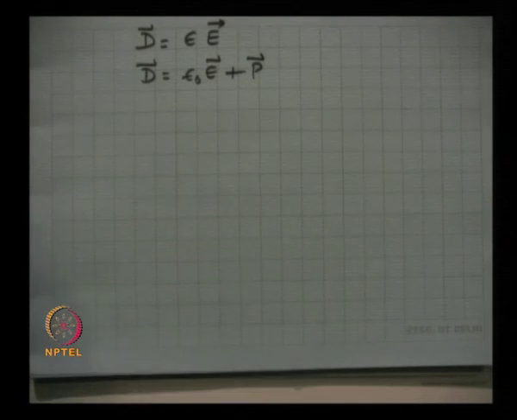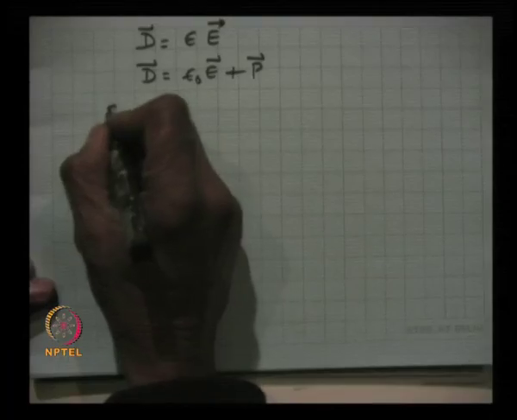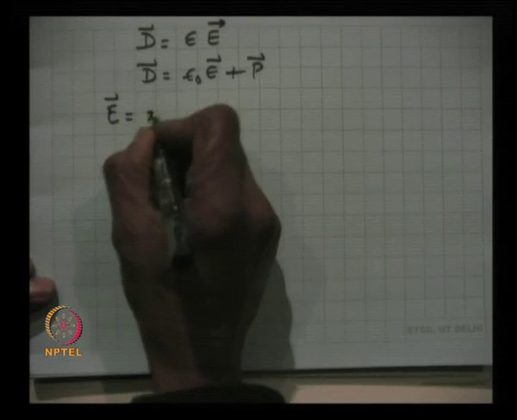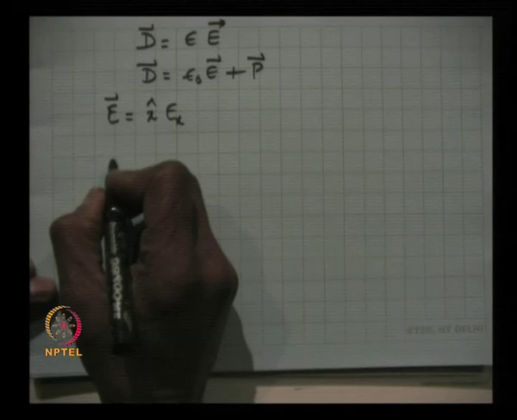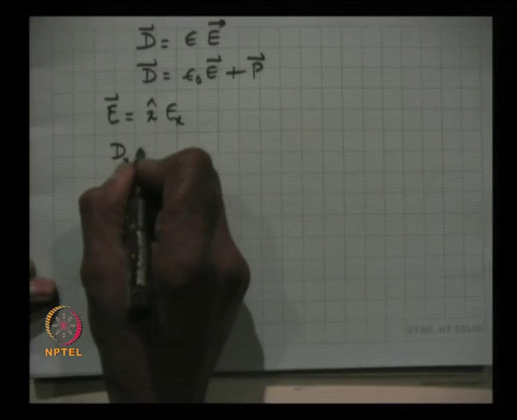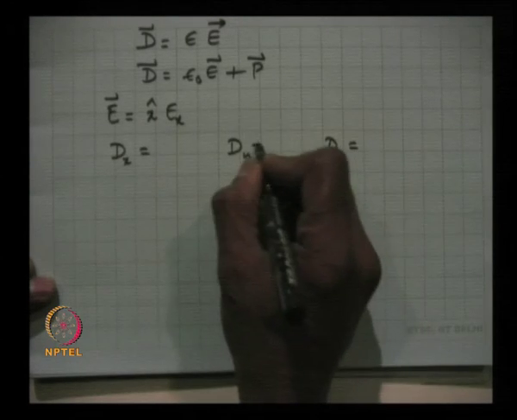This depends on the crystal structure, and there are many crystal structures in which this will happen. There are crystal structures in which this does not happen because of symmetry, but a majority of crystals are anisotropic. So, in general, suppose I take a medium and apply an electric field which is along the x direction, x cap E x, what you will find is a finite Dx, a finite Dy and a finite Dz in general.